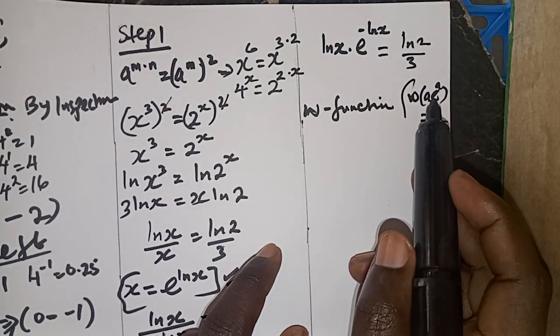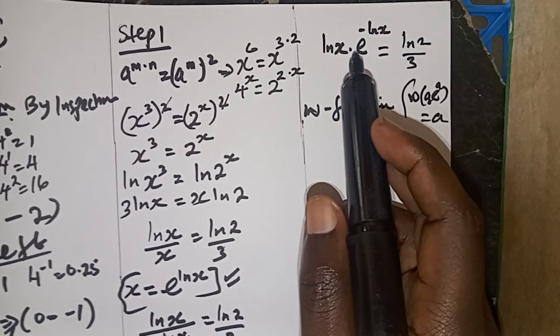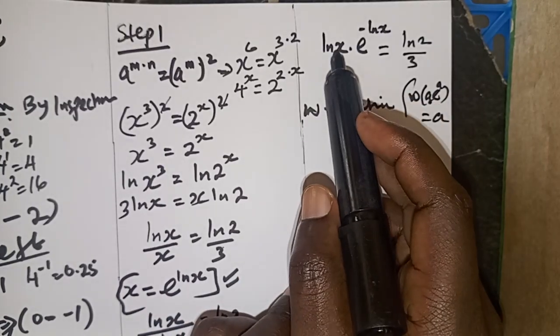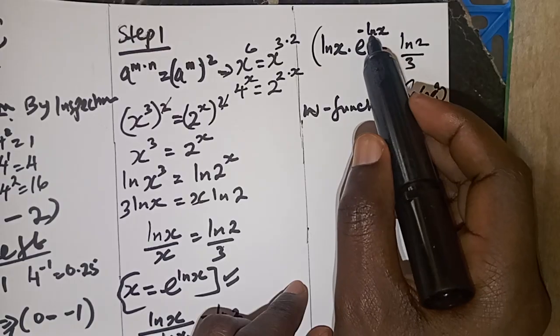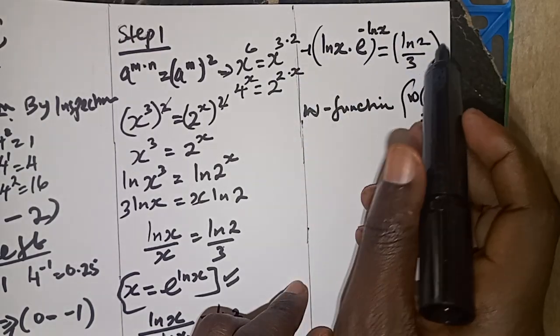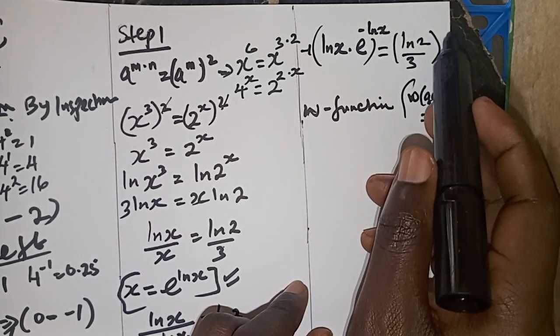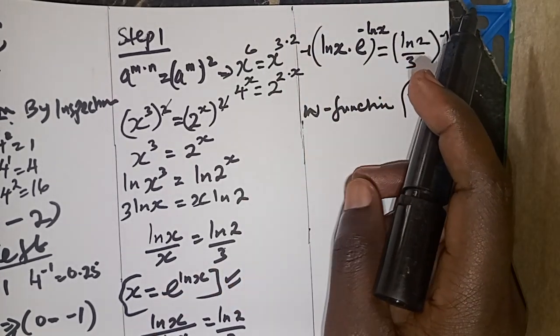For me to make sure this and this are similar in this equation, since one is ln of x and the other is negative ln of x, I want to multiply all through by the negative. What I do on this side, I also do on the other side.